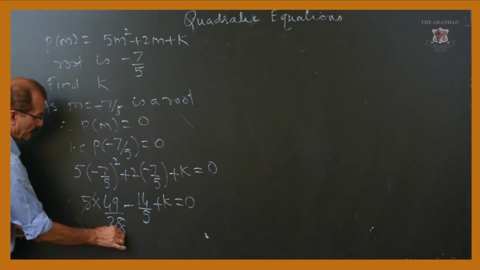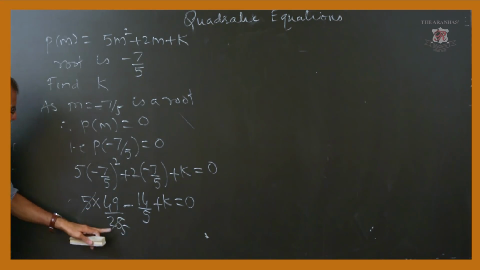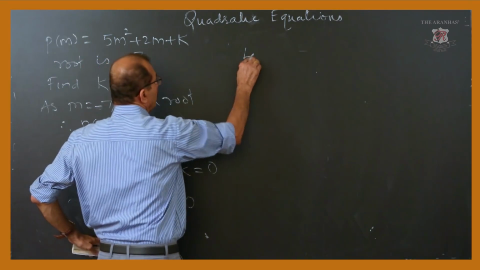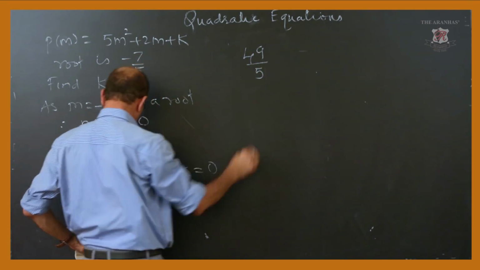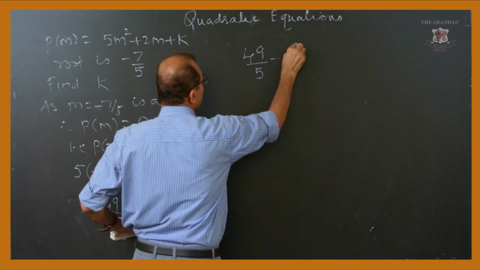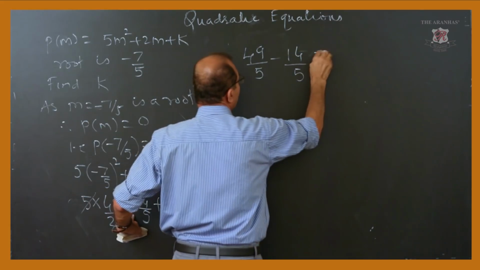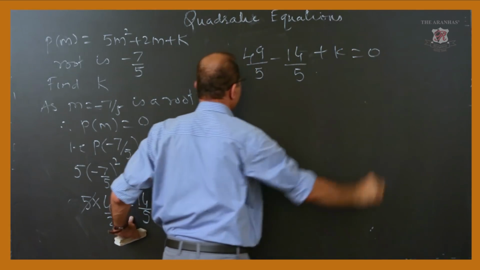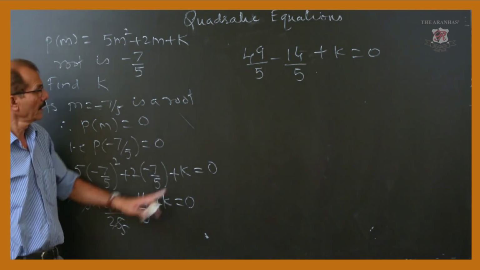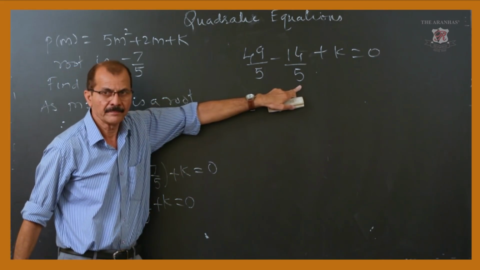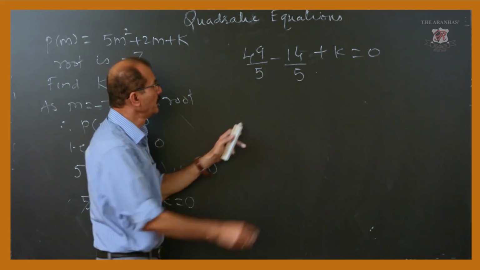Five ones are 5, five fives are 25. So, 49 upon 5 minus 14 upon 5 plus k equals to 0. Denominator is same, just add the numerator.